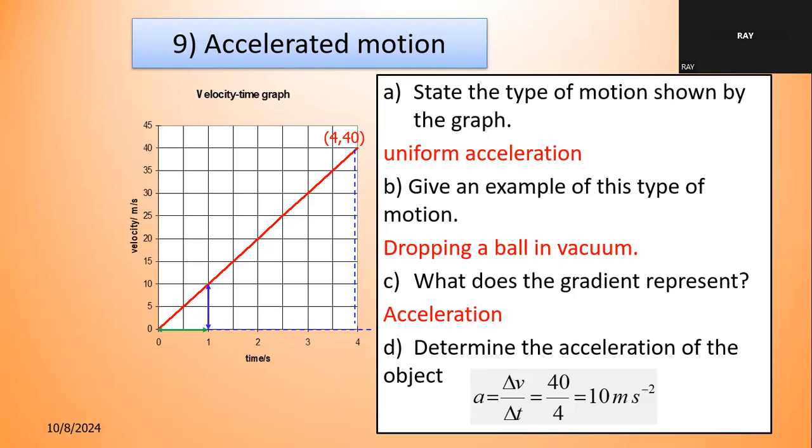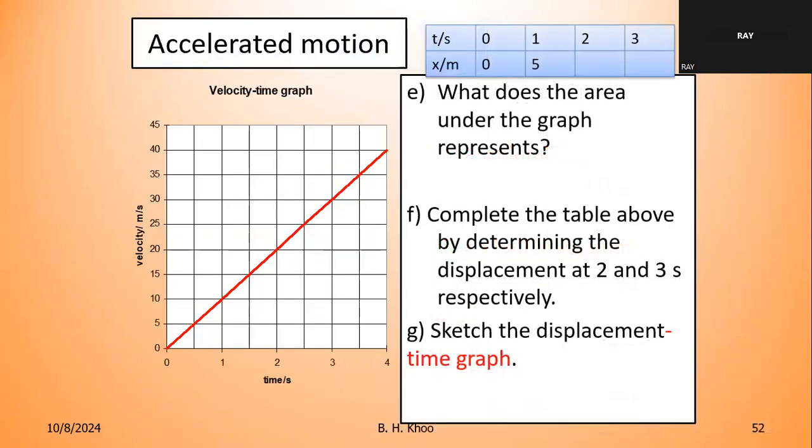That's the acceleration. What does the area under the graph represent? Displacement. Okay, good, displacement, correct. That's the area of the triangle. That's found for you already.